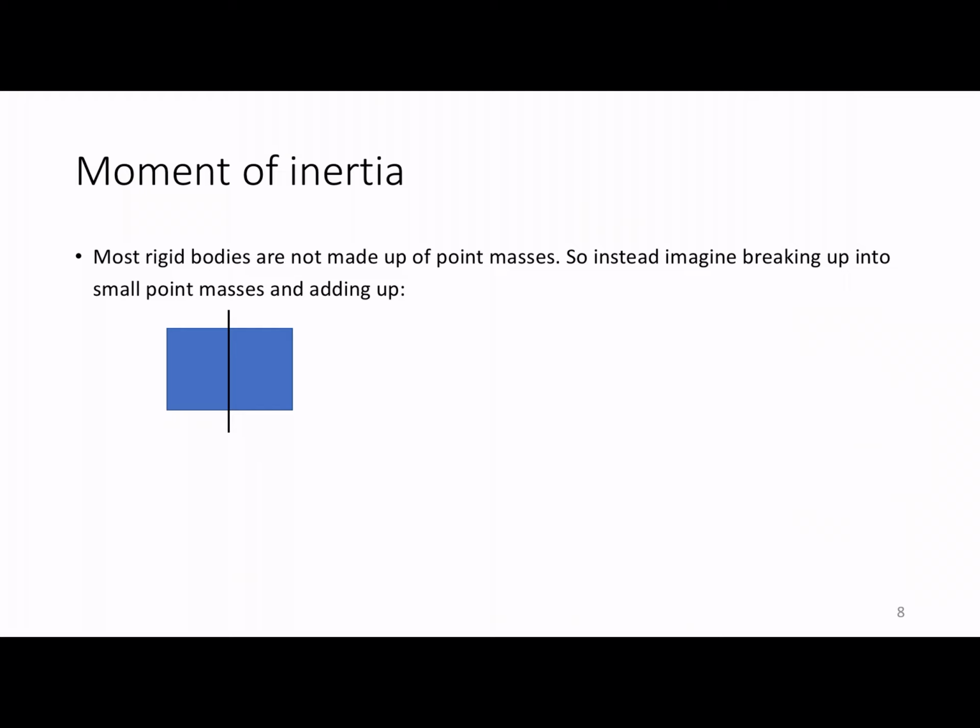Certainly, those of you who have been going to my little calculus after classes, we've done this a couple times. We take our complicated rigid body here, just this rectangle, for example, and we're going to break it up into little pieces. Each of these little pieces I'm going to think of like those point masses. It has some mass, it has some distance r from the axis of rotation, it has some small mass dm.